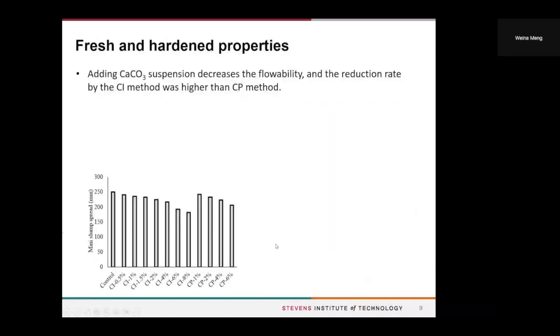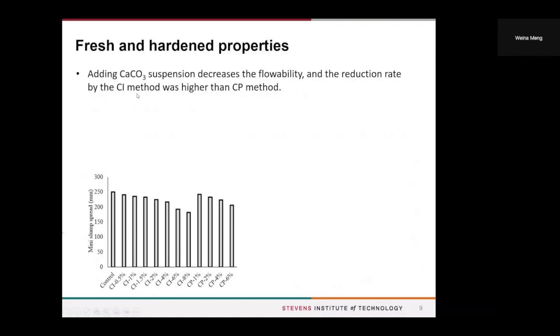In terms of the key properties, just look at the mini slump spread, which represents the flowability. As you can see, as we increase the calcium carbonate suspension concentration, the flowability decreases.